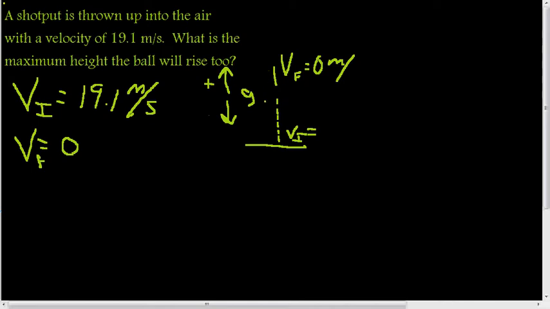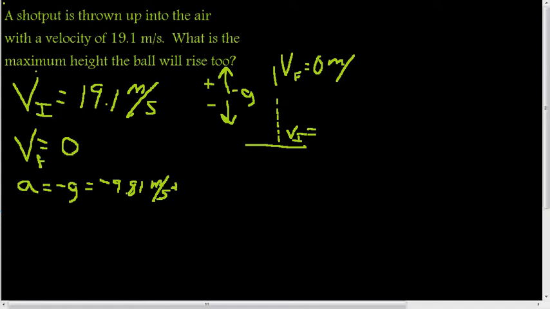The ball is being pulled downwards due to gravity in the negative direction. So we're going to say there is a negative g acting on this. This is an acceleration. Gravity is always an acceleration. And it's negative g. And this g on the surface of the Earth is always the same, 9.81 meters per second squared.